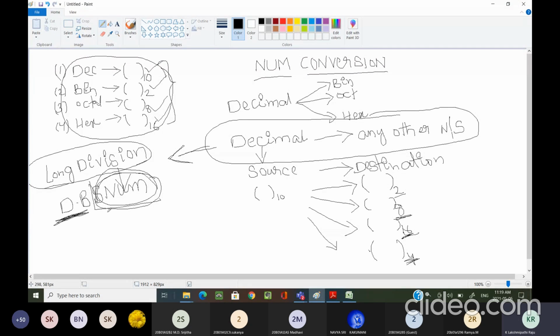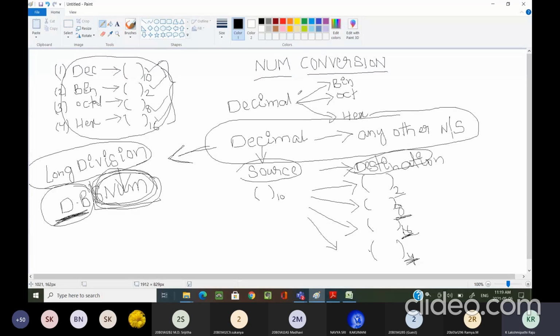And what we are doing in that long division method, we are taking the source number and dividing the source number by the destination base. DB means the destination base. Here I am clearly writing which one is the source and which one is the destination. That is what we do while converting decimal to another number system.